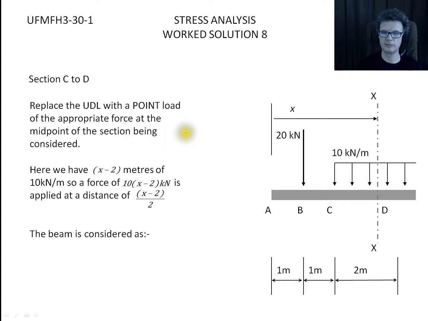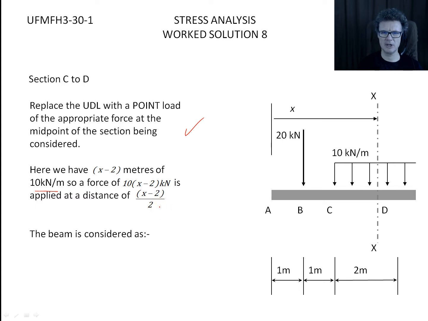Okay, yeah, I can do that. We have x minus 2 meters of 10 kilonewtons per meter of force to the left of us, and this is applied at a distance of x minus 2 divided by 2.